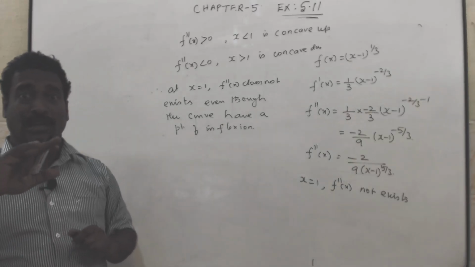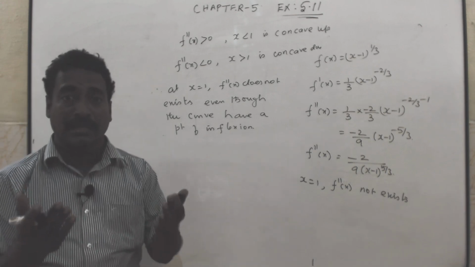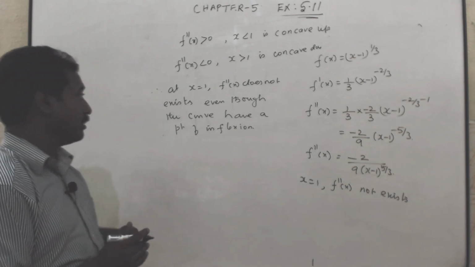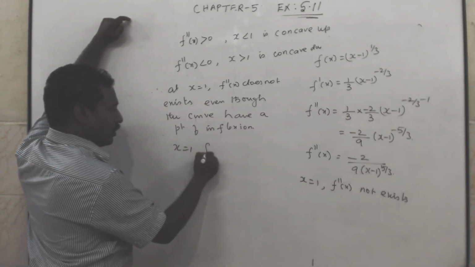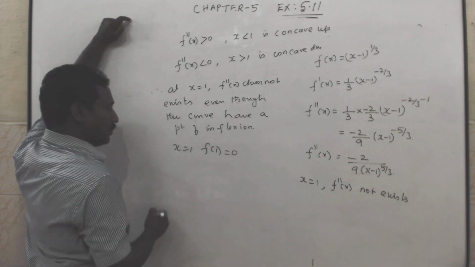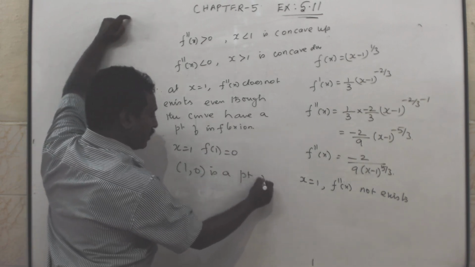At x is equal to 1, the curve changes from concave up to concave down. That's why x equal to 1 has a point of inflection. Put x is equal to 1 in the problem: f of 1 equal to 0. Therefore, (1, 0) is a point of inflection.